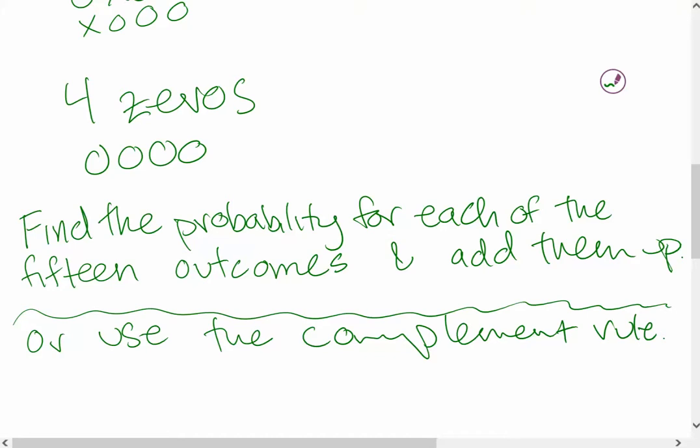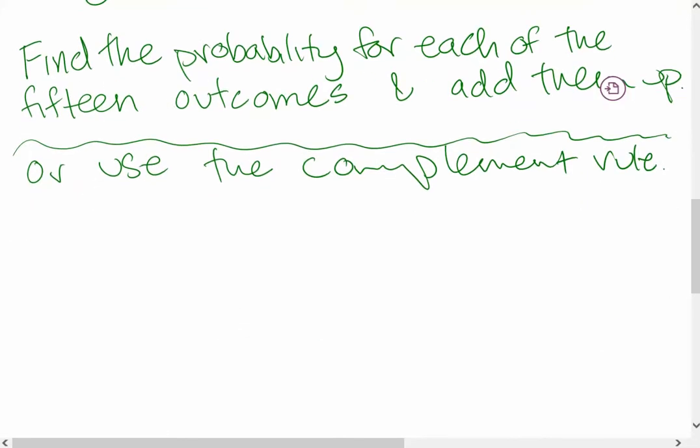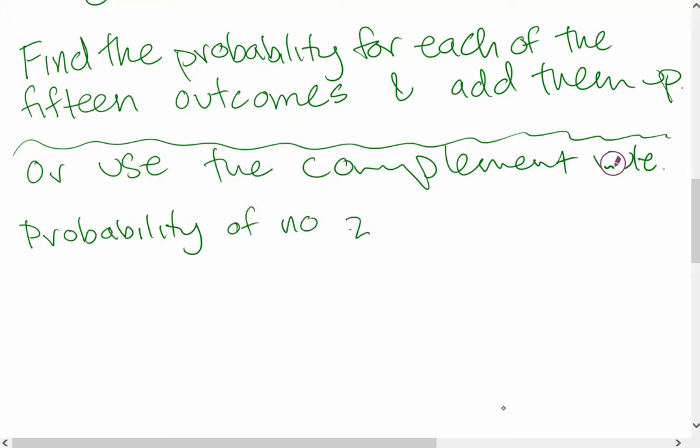So what is the complement of at least one 0? The complement of at least one 0 is no zeros. So let's find the probability of no zeros. What outcome is in the event no zeros? The only way to get no zeros in a 4-digit pin is if you have not 0, not 0, not 0, not 0.